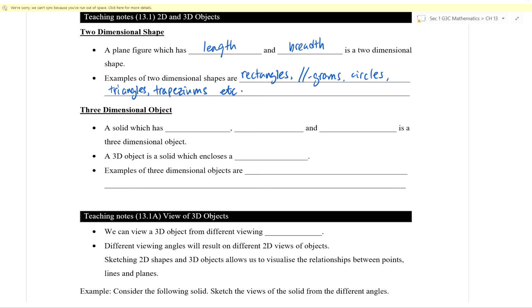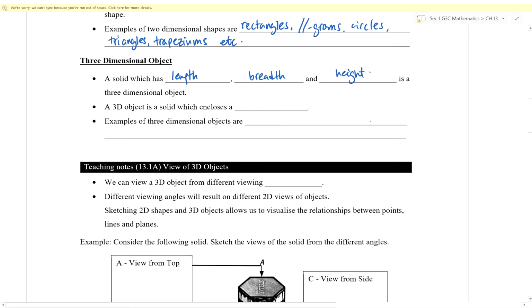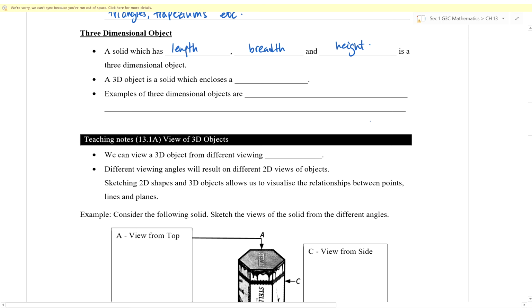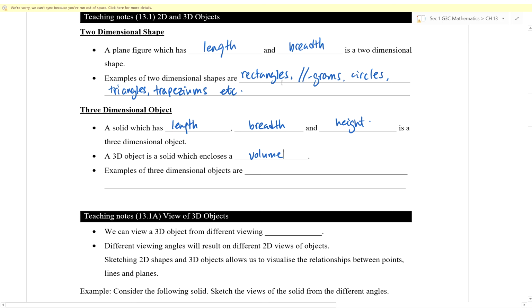But when we talk about three-dimensional objects, there will be objects which have length, breadth, and height. We live in a 3D world, and that's where we have these 3 dimensions. A 3D object is a solid which encloses a volume. Compare this with a 2D shape, for example a rectangle or a triangle or a circle.